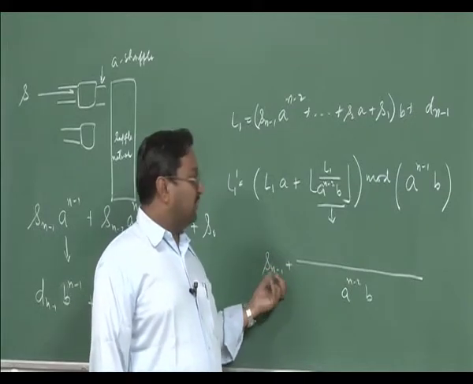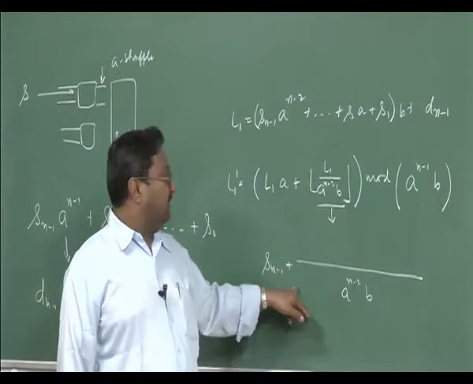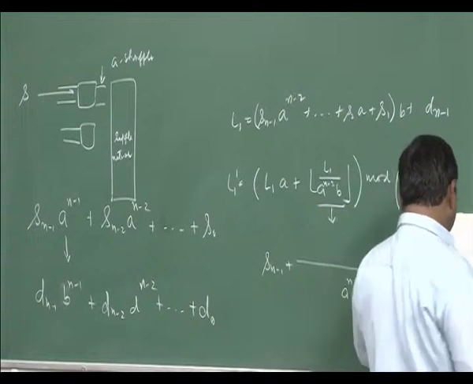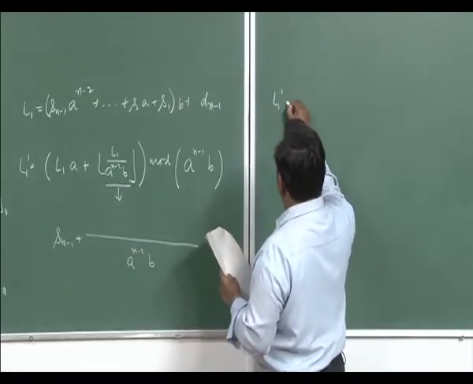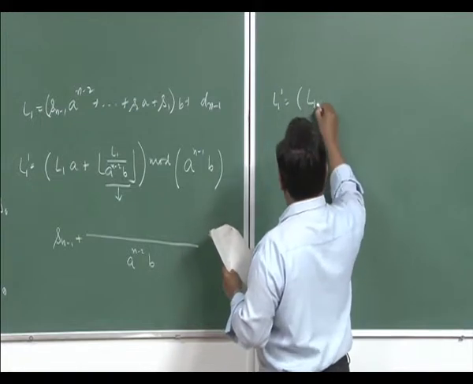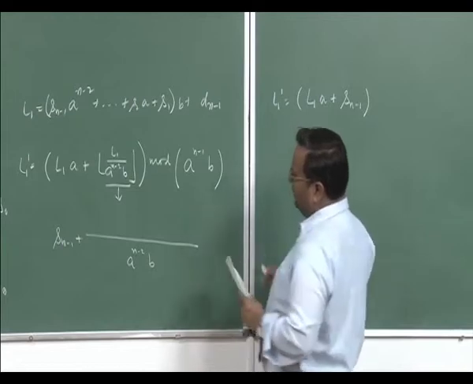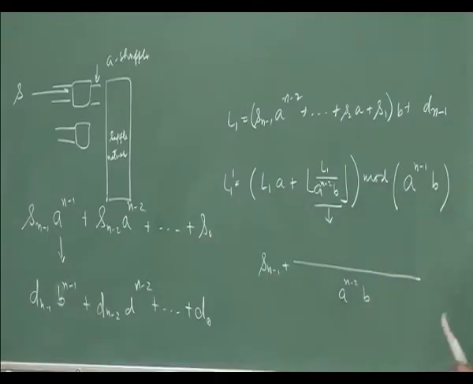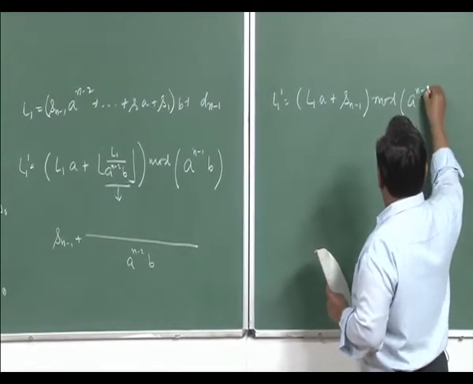So I can replace this whole thing by Sn minus 1. You will end up with L1 prime, which is given by L1 into A plus this, the only thing left here. I think that is the point where we finished last time.